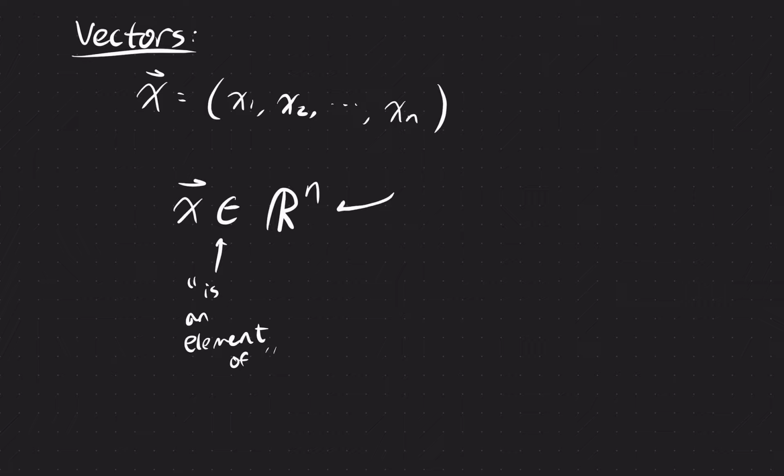R^n here is the set of n-tuples of real numbers. So basically, in fancy words, the set of vectors with n components in them. So for example, the vector (1, 1) is an element of R^2. And notice here this is a vector, so the order very much does matter. The vector (1, 3) is not going to be the same as the vector (3, 1).